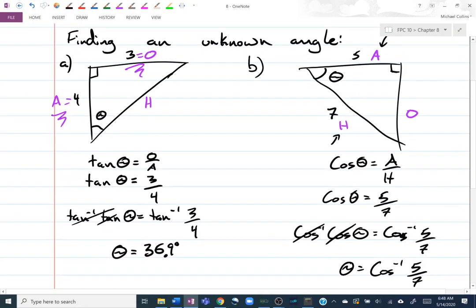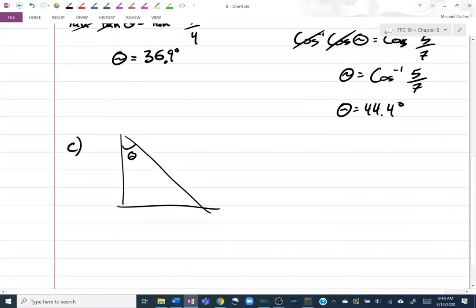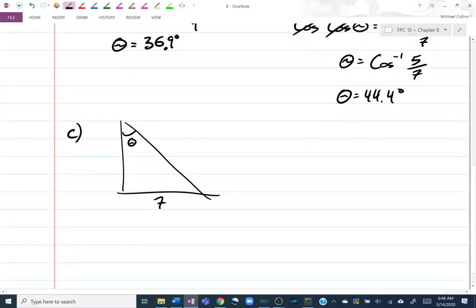Let's try to look at what we've done. Let's try and find this unknown angle. Step 1, identify the sides. Opposite, hypotenuse. I don't care because I don't know what it is, but that's my adjacent side.